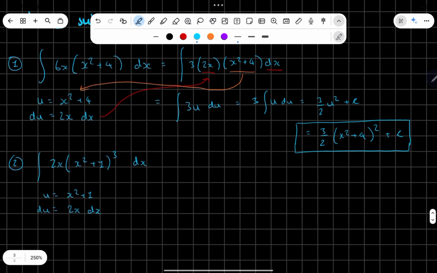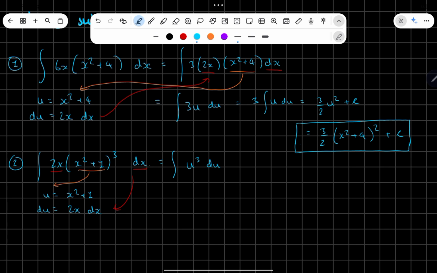Now we have all our components, and we can substitute everything back in. The 2x and the dx multiplied together just make the du, and the x squared plus 1 just makes the u. So I can just rewrite this as integral of u to the 3 du.